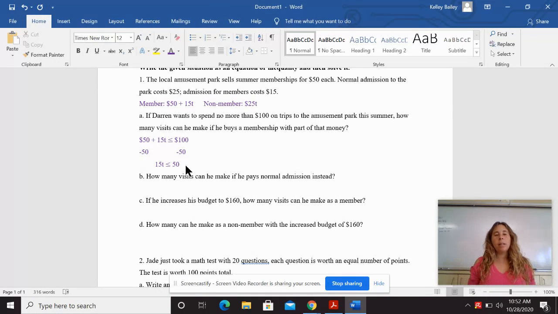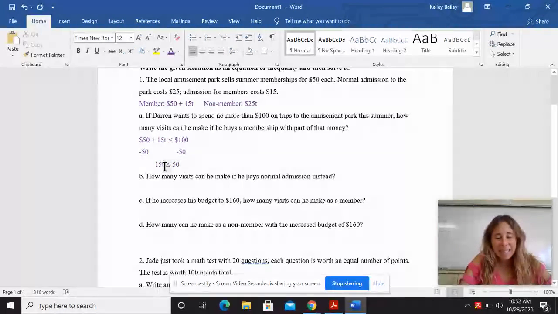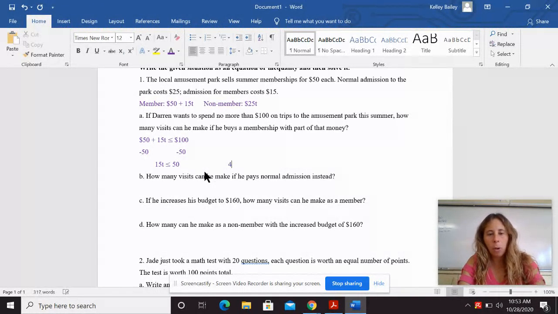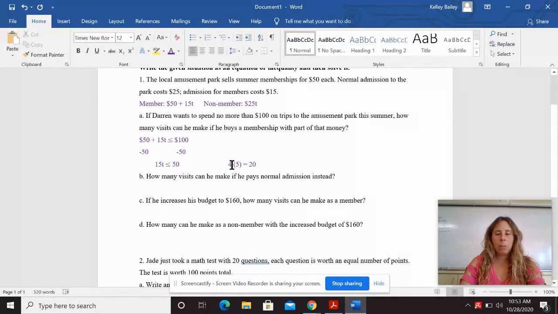Then your last step is you want to get T by itself. You cannot subtract 15. This is 15 times T. 15 multiplied by T. If I had 4 times 5 equals 20, I can't just subtract the 4 and get 5.